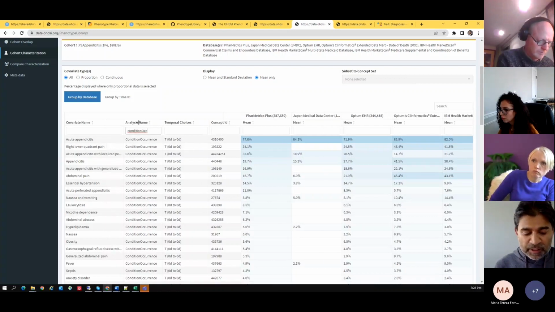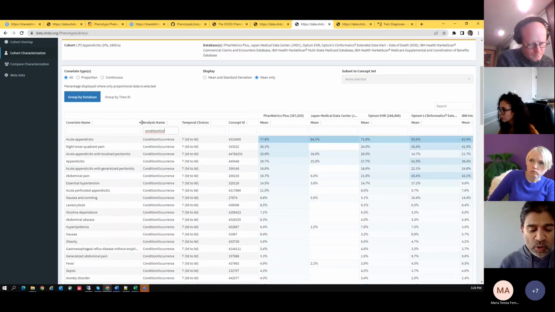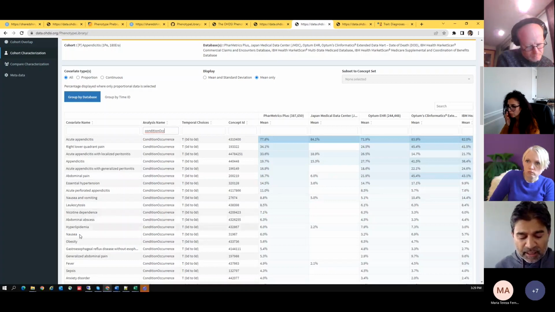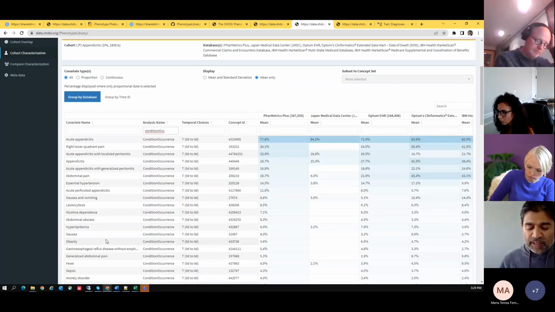So 34% of the people have a diagnosis code that says right lower quadrant pain. Another 16% have abdominal pain. There is about 10% to 15% nausea and vomiting, leukocytosis, abdominal abscesses. These types of clinical profiles seem to fit with what I expect in acute appendicitis.